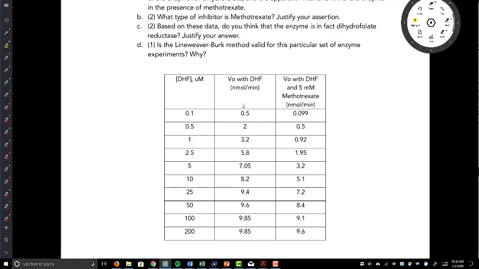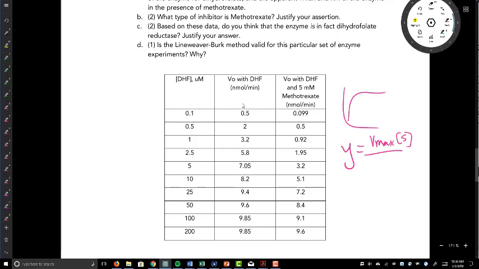Now, if you had SigmaPlot or some other fancy plotting software, you could plug in these data, apply a hyperbolic fit, and then apply the Michaelis-Menten equation to figure out what the Vmax and Km and then the Vmax apparent and the Km apparent are.